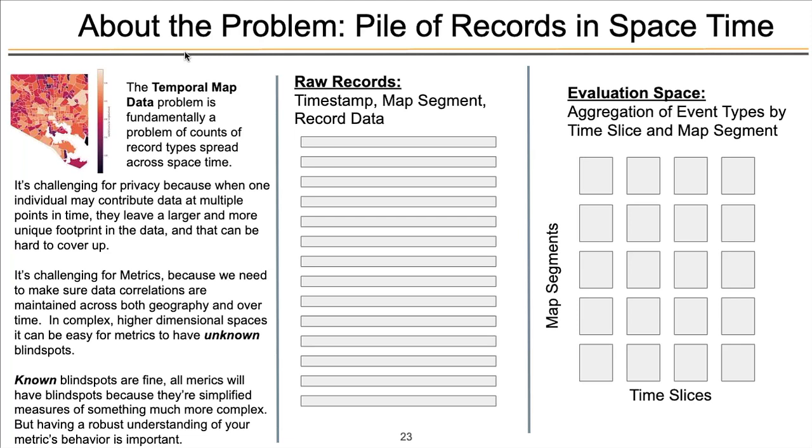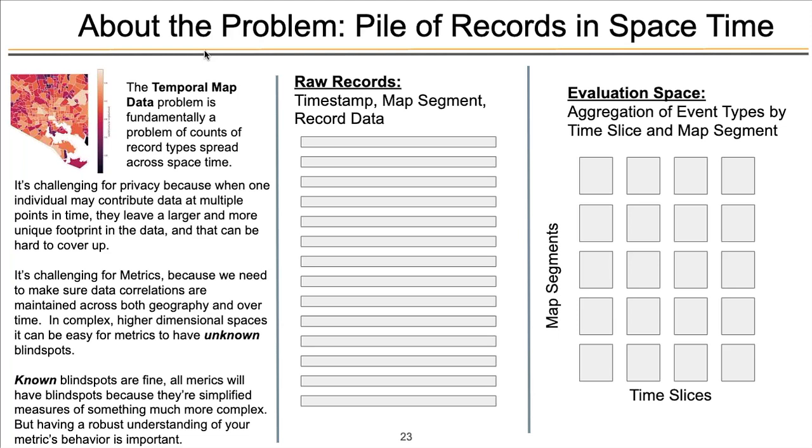This is a tricky problem for privacy because one person's data creates a footprint not just once, but scattered across time. That footprint becomes much larger and much more potentially uniquely identifiable. And that makes it tricky for the privacy side of this problem.